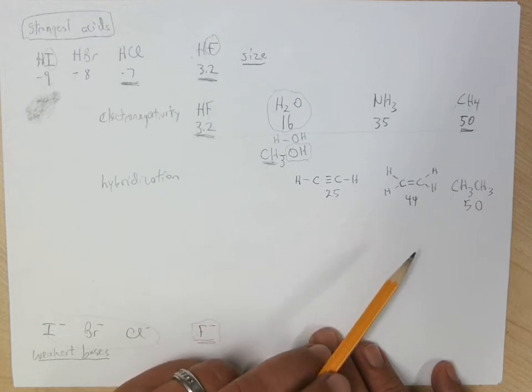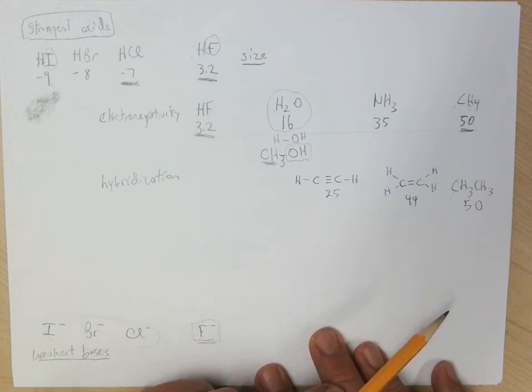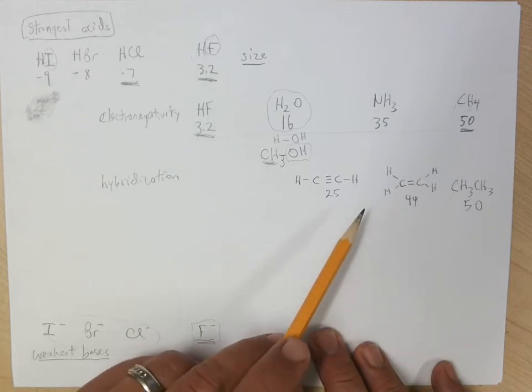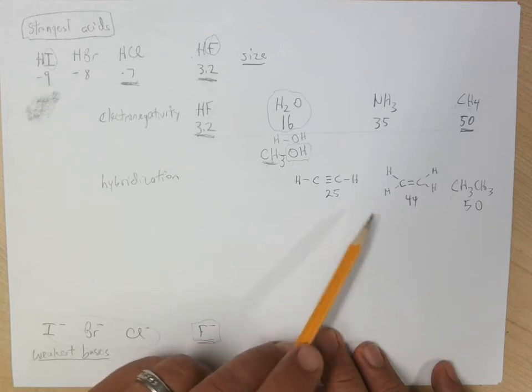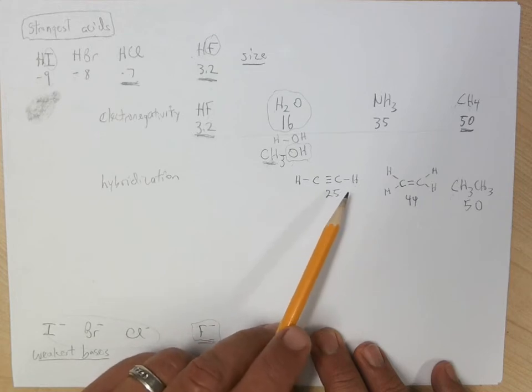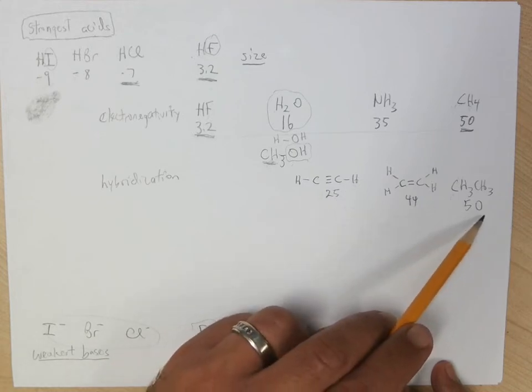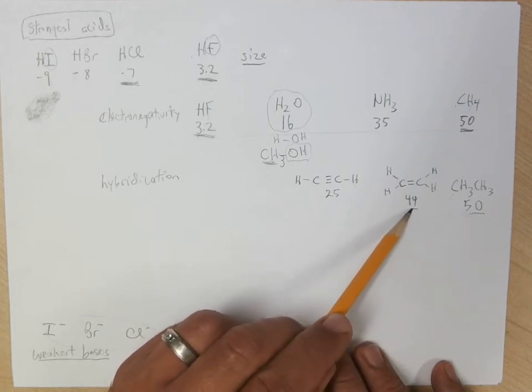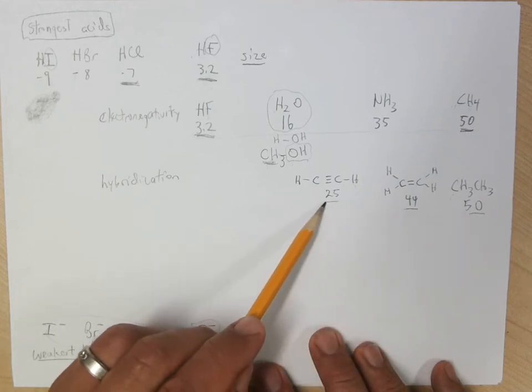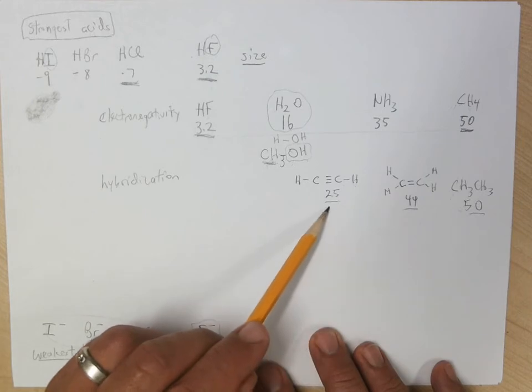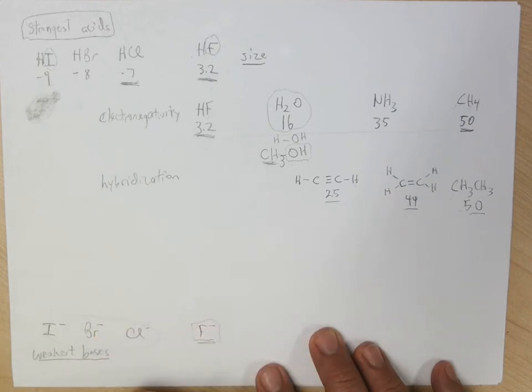So depending on the hybridization of the carbon attached to hydrogen or other elements, so if you've got an oxygen attached to a hydrogen, then its hybridization is going to affect how well it attaches to that. So with other elements, hybridization is also important, but ethane versus ethene versus ethyne, very big pKa change based on the change in the hybridization of the carbon that's attached to the hydrogen.